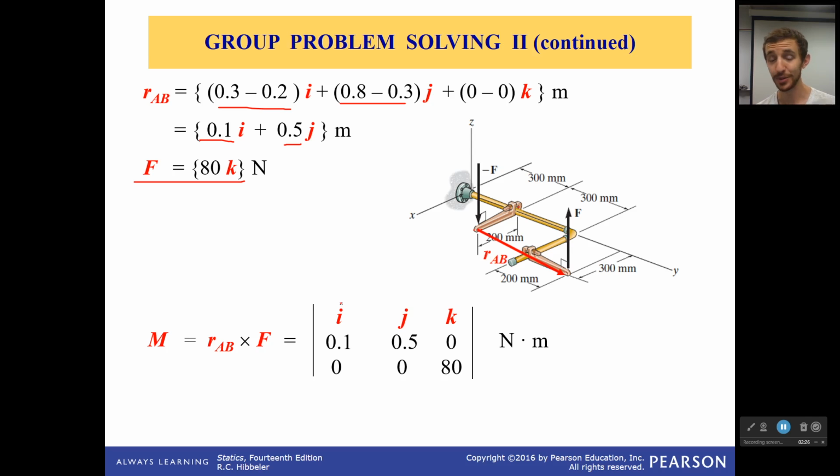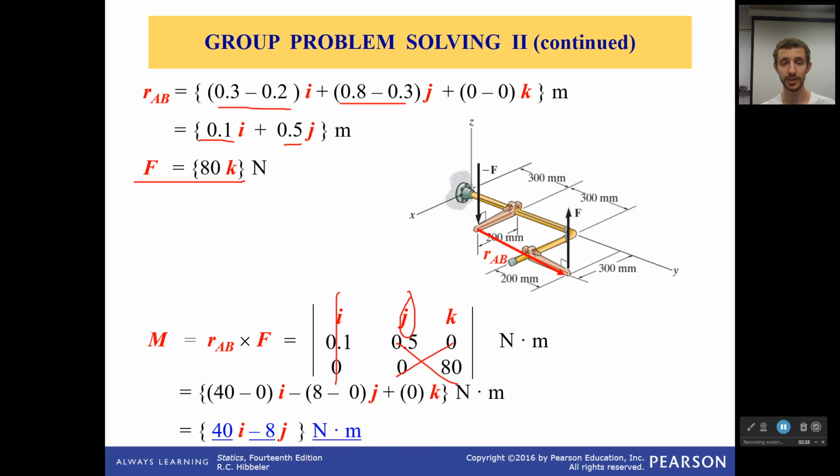Okay, but doing a cross product. Cross out a component, AD minus BC, and you repeat. Just remember that for the J component, you put a negative sign in front of it, okay? And if you do that, you get your components, which will be 40I and 8J.